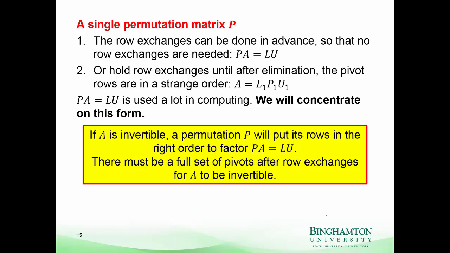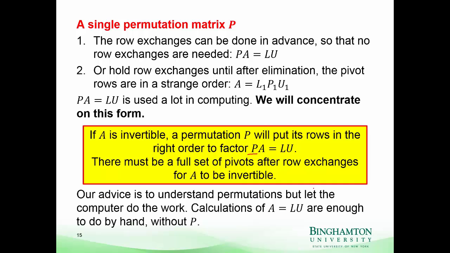That would result in finding some permutation matrix P that we pre-multiply by A. Then we have the form that we can do an LU. And in order to do this, we have to have a full set of pivots after the row exchanges. That's what it means to have A be invertible.